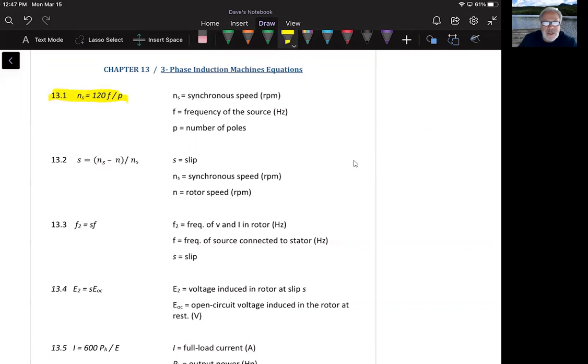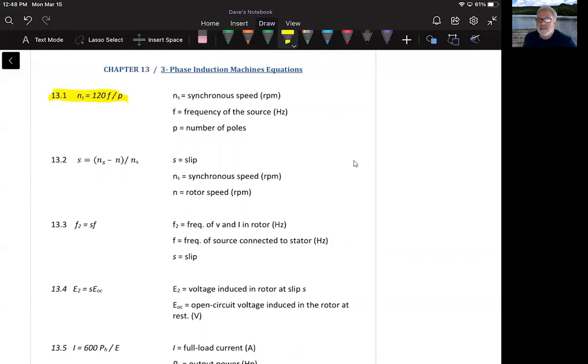When we talk about the synchronous speed of a three-phase induction motor, we are talking about the speed of the rotating magnetic field that's established in the stator. It's given a designation of N sub S, and it's calculated as 120 times the frequency of the source, divided by the number of poles.